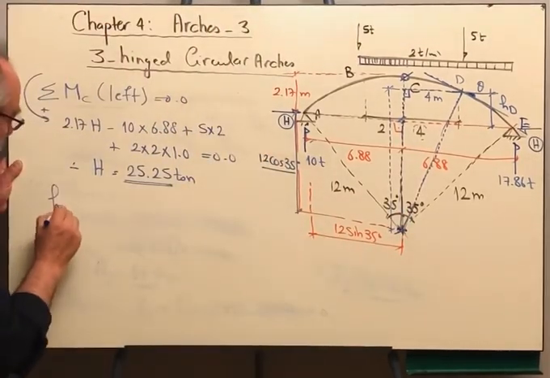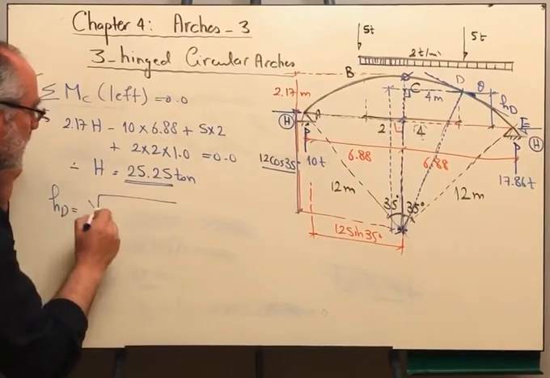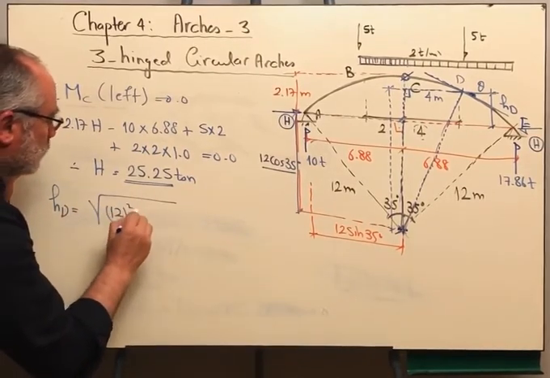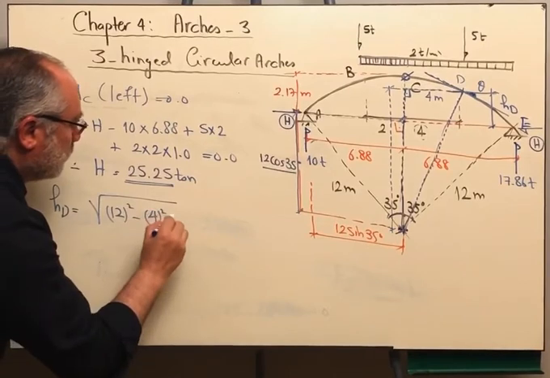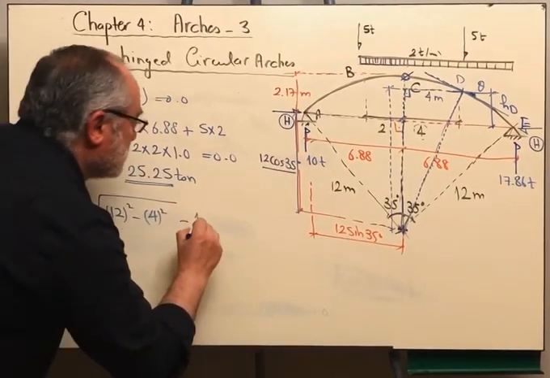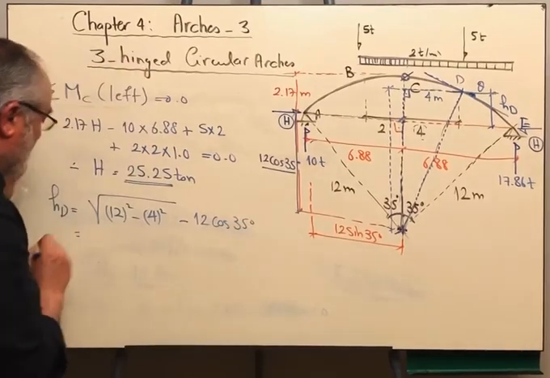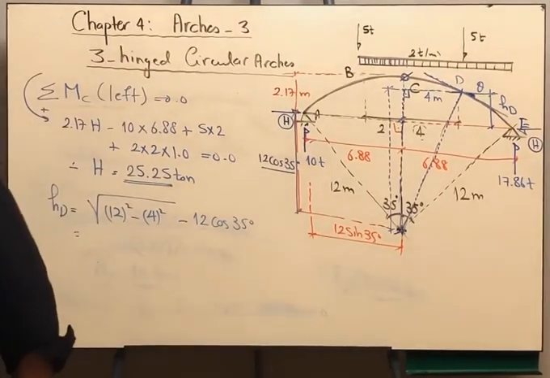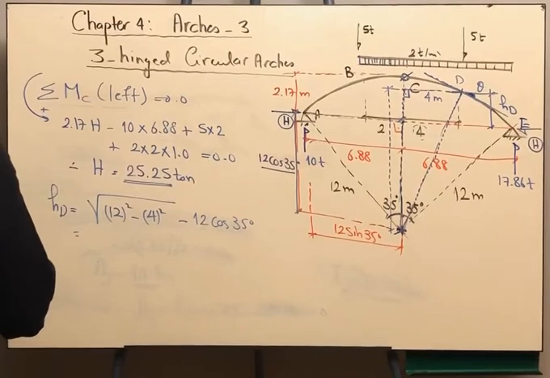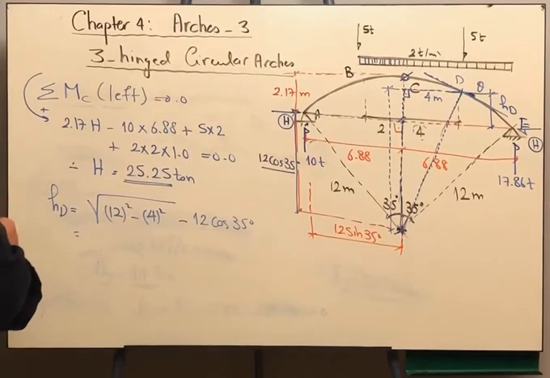Therefore, HD will be square root of 12 square minus 4 square minus 12 cosine 35. If you did this, you will get the value of 1.483.